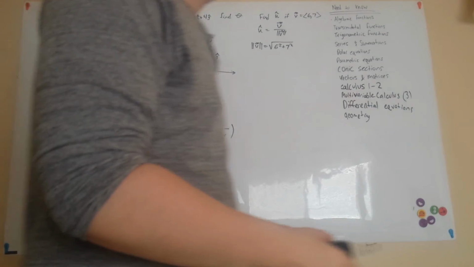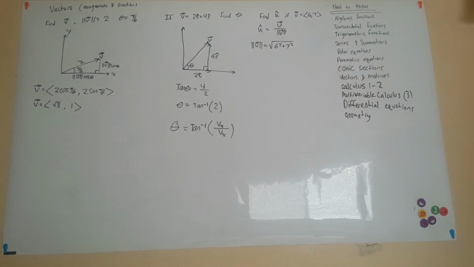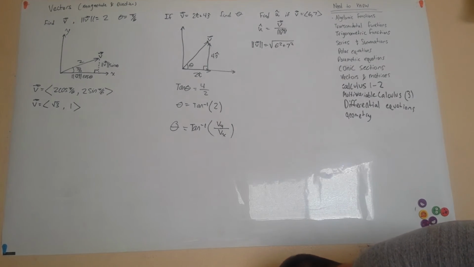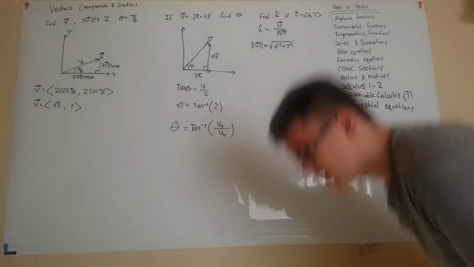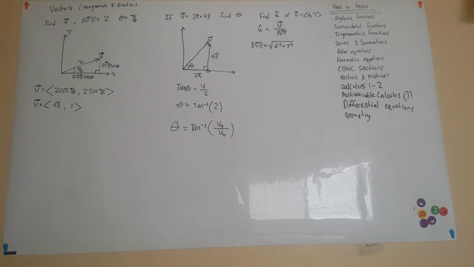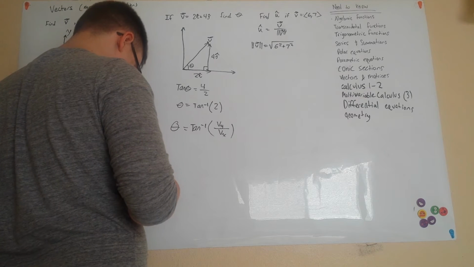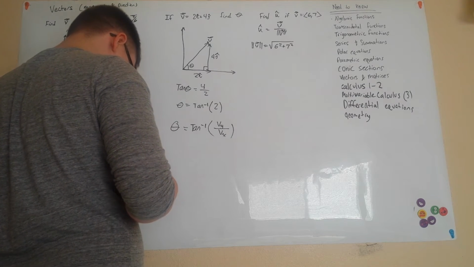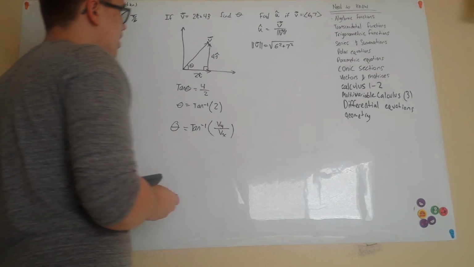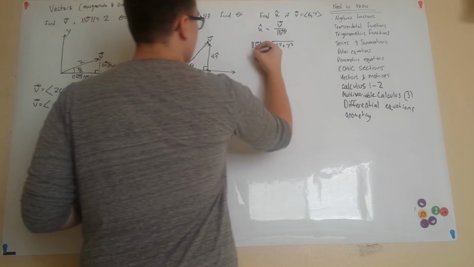I'm going to get my calculator out, because if I come up with random problems, I'm going to have some random gibberish answers. So if we do the square root of 6 squared plus 7 squared, we're going to get the square root of 85.